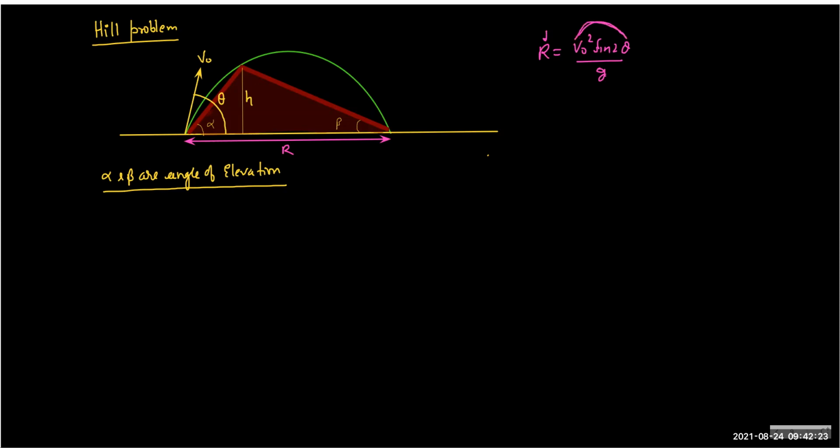There are infinite combinations of V naught and theta which can give you the same range, isn't it? Out of this infinite combination, there is one angle which can also go through the vertex of the mountain. We are supposed to find that angle. Understood? Yes.